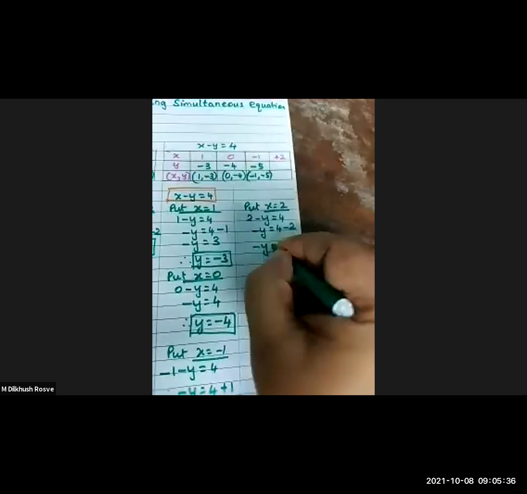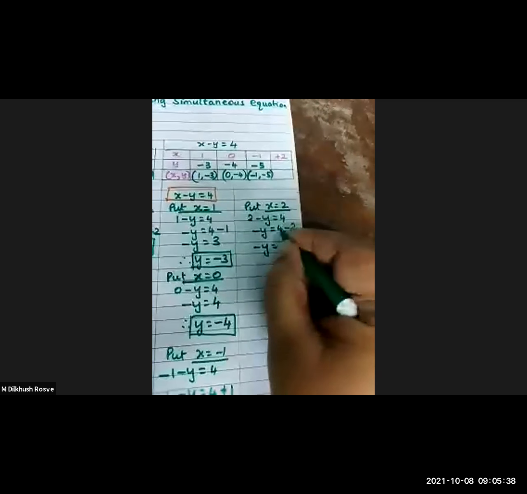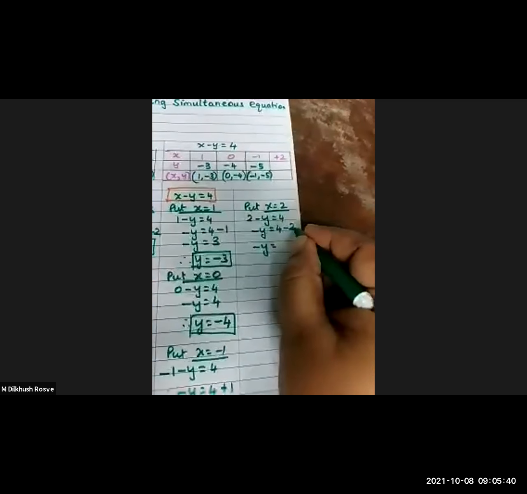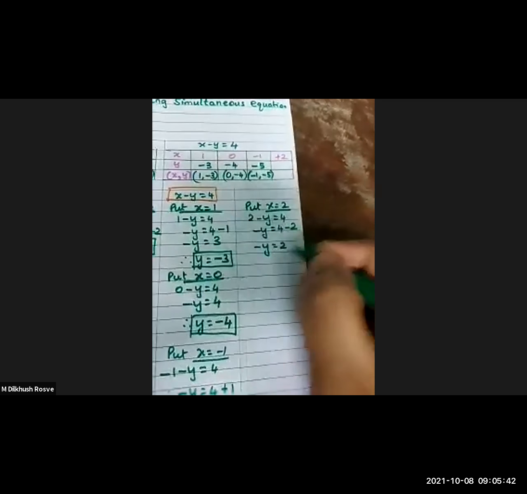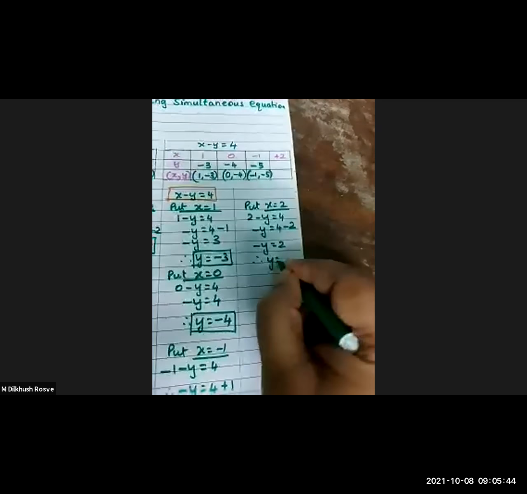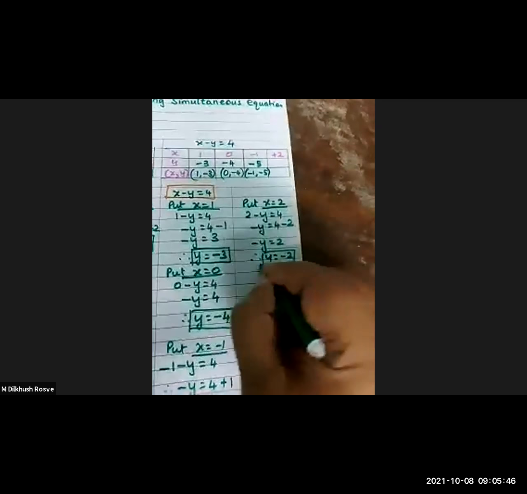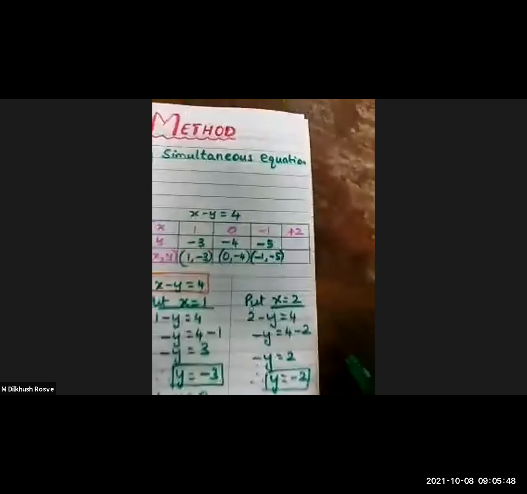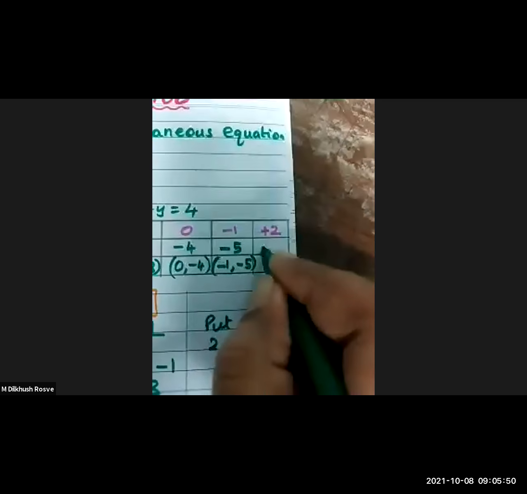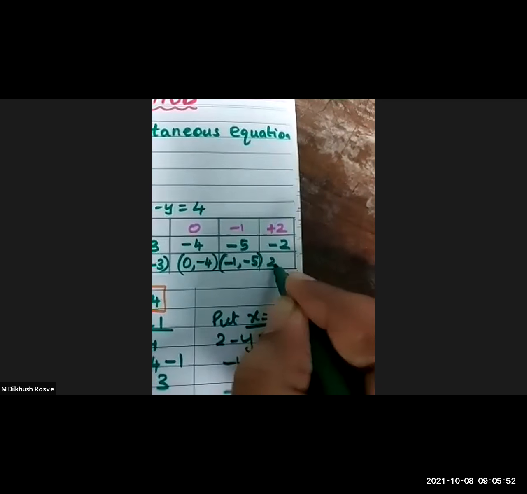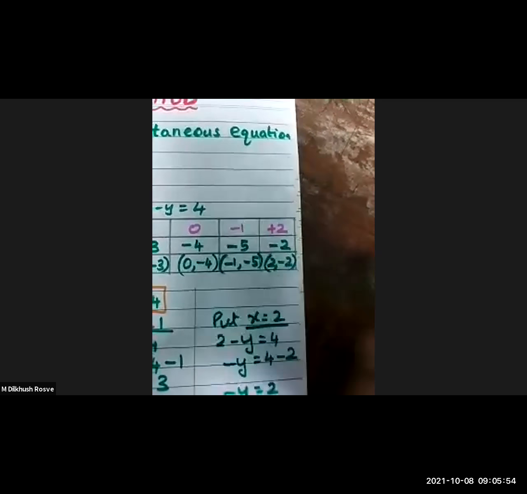So minus y equal to 4 minus 2, that is 2. Therefore, y equal to minus 2. Clear, children? So 2 comma minus 2.